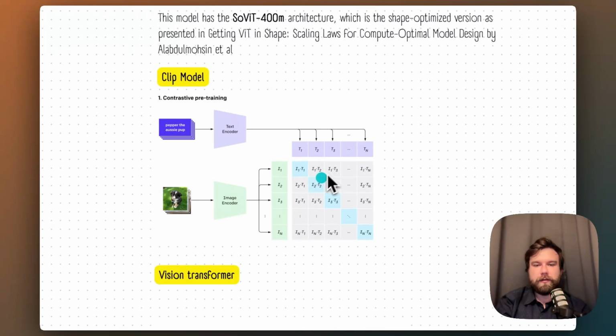So you can see this here. We have a set of images encoded, we have a set of text encoded, and we want to maximize this similarity on the diagonal when we have corresponding image and labels, and we want to minimize all the other distances.